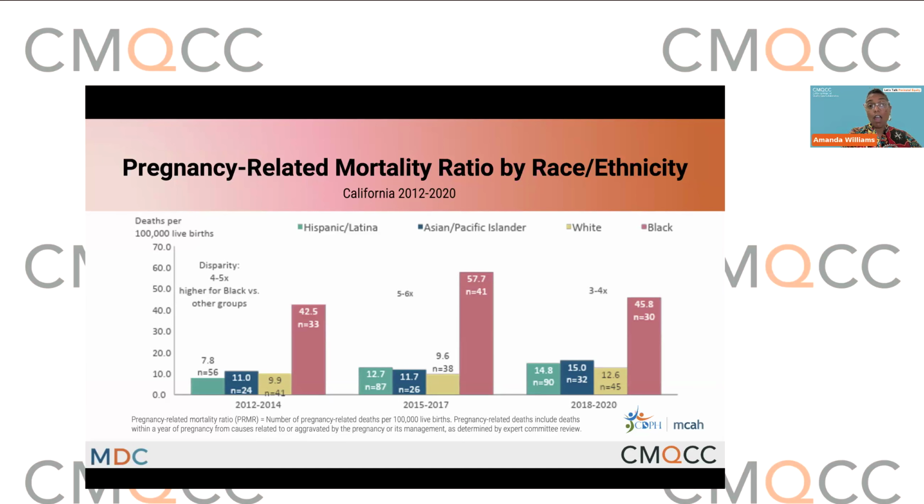And we can't forget our Indigenous sisters also, because their rates are similar, if not worse, than that of Black birthing people. So when we're looking at maternal death rates compared to their white, Latinx, Asian sisters, our Black and Indigenous birthing people are still dying 300% more frequently, and that is not okay. Next slide.